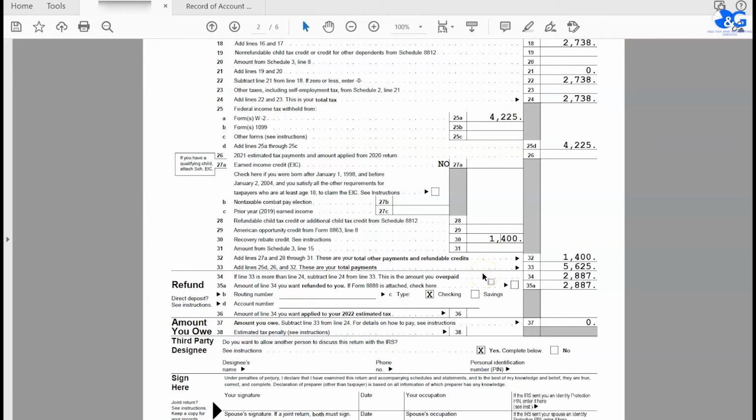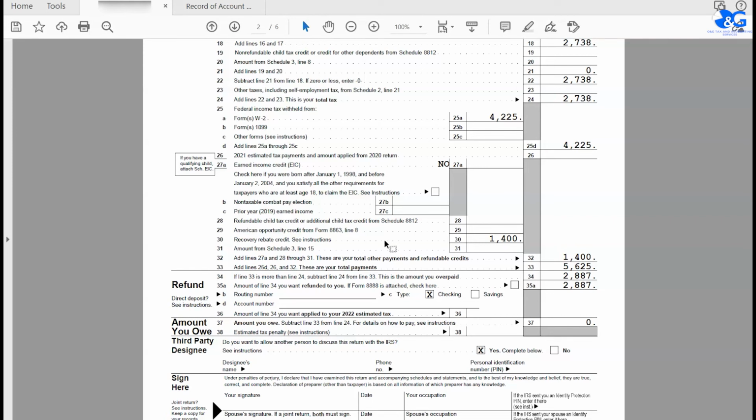It could be so many variables, but the common issue we're seeing this year for 2021 largely has to do with incorrectly claiming stimulus check when it's already been sent to you back in 2021. So this video is not made to capture all the situations where your refund may be lower. I'm just trying to cover the most common issue, which has to do with a stimulus check. So I hope this helps you guys out.